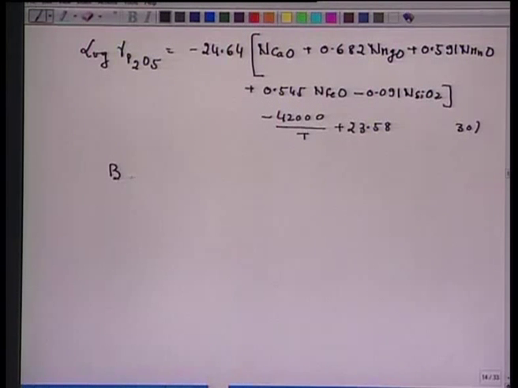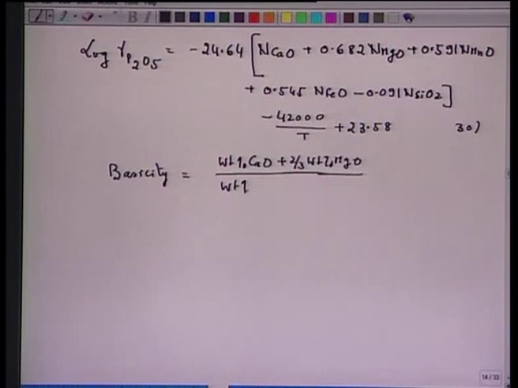In relation to this, basicity can be defined as equal to wt% CaO plus 2/3 wt% MgO upon wt% SiO2 plus wt% P2O5, and this is equation number 31.